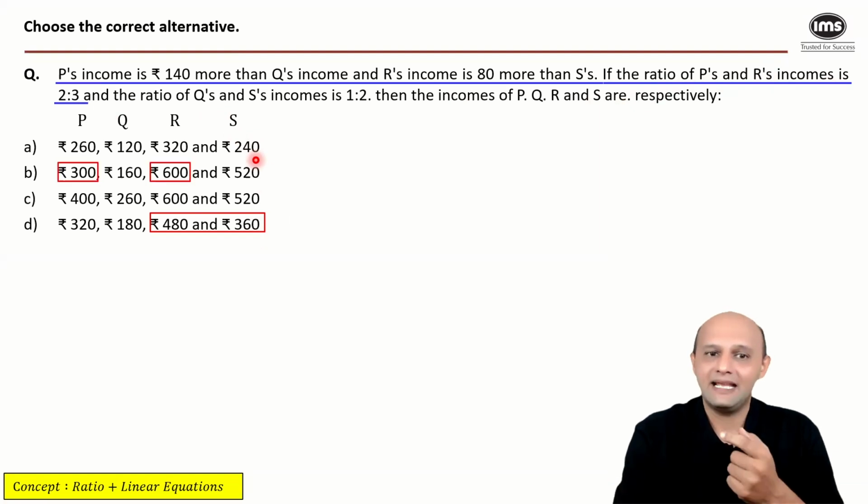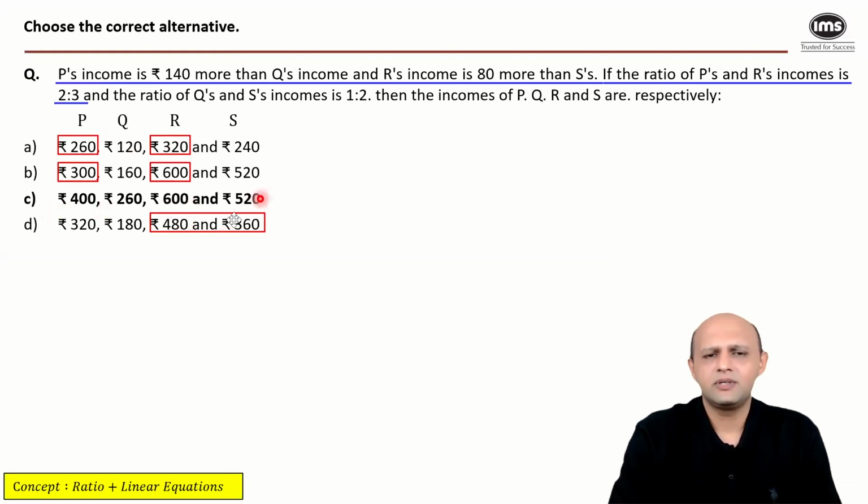And if you look at option A, this is 260 to 320. For this to be 2:3, if this is two parts, this should be 390, but this is 320. So we can very easily make out from just two statements and two points that we evaluated, that option C has to be the answer.